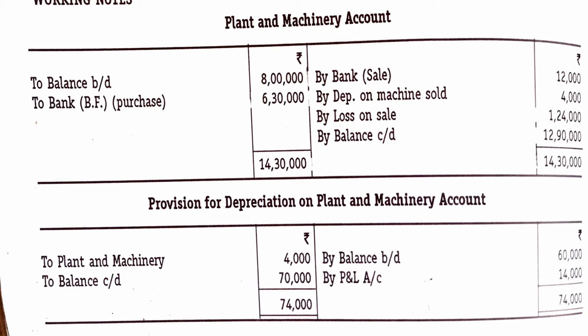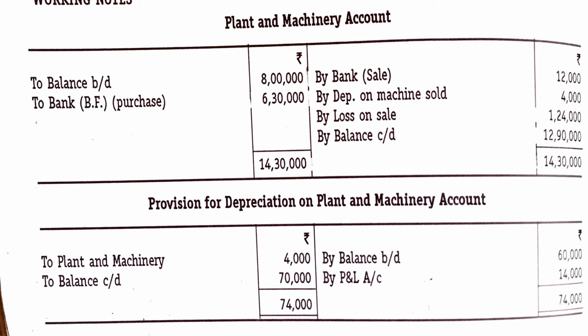First prepare plant and machinery account. First debit the value of machinery for the year 2013 and credit the value of machinery for the year 2014. Then consider the information which is given in the problem. According to that, sale of machinery during the year for 12,000 rupees.